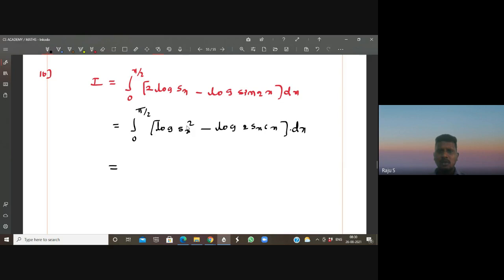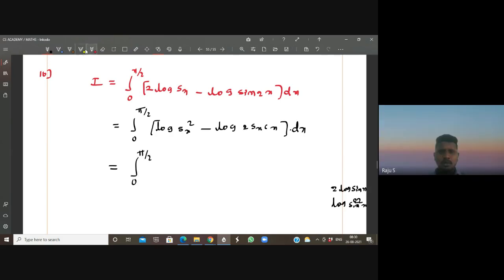We should not get sin x square, right? 2 log sin x becomes log sin square x. For example, 3 log sin x is there, it is log sin cube x, not sin x cube. Clear, Kishore? Yes.